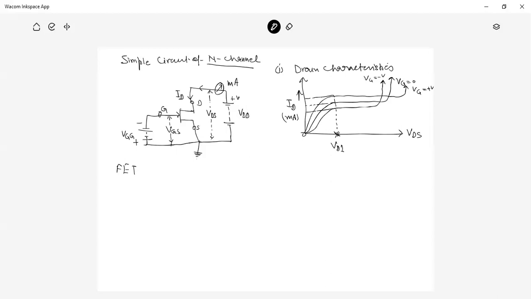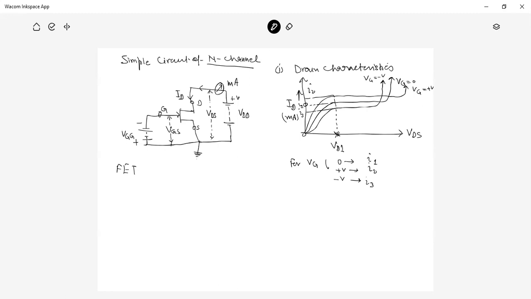If VG is 0, then the current is I1, if VG is positive, the current is I2, and if VG is negative, the current is I3.